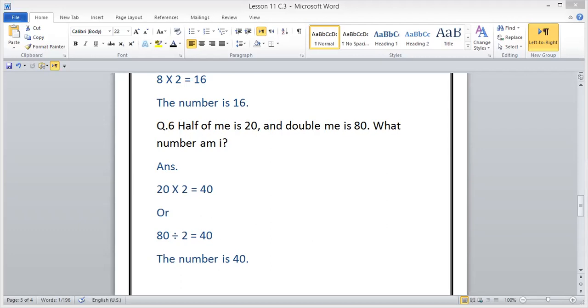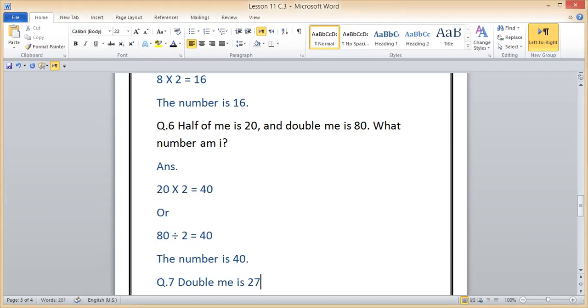Question number 7. I'm writing question number 7, guys, in the notebook. You have to write in the notebook. Question number 7: double of me is 28.